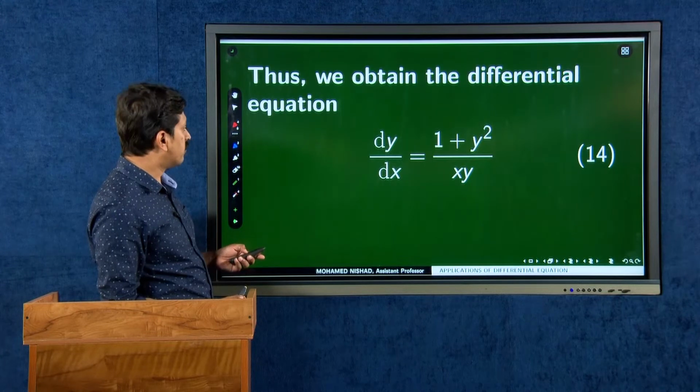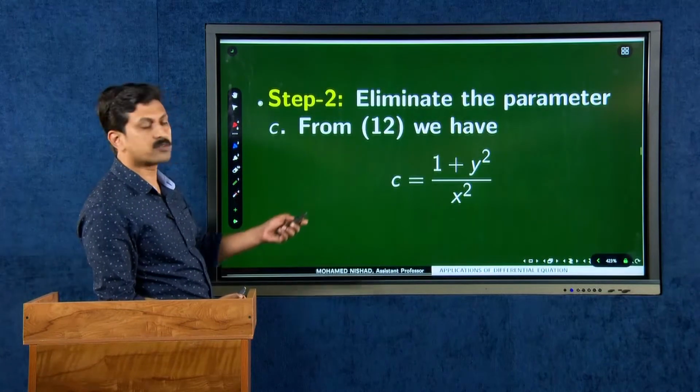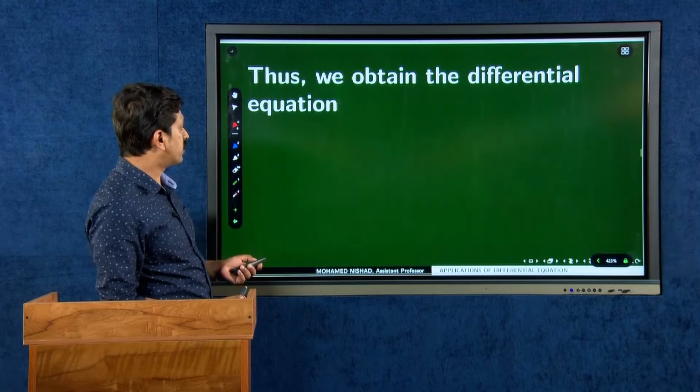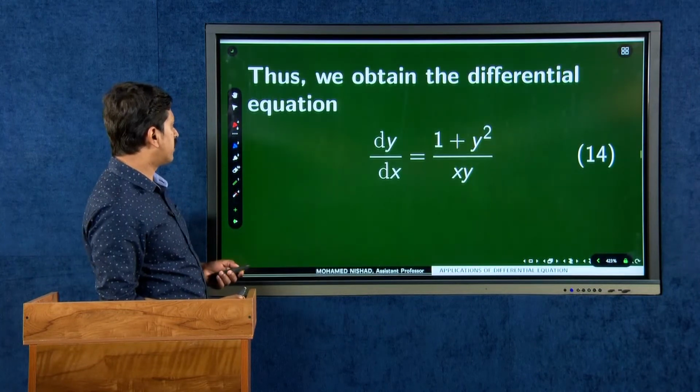Instead of c, we found the value of c as 1 plus y square divided by x square.